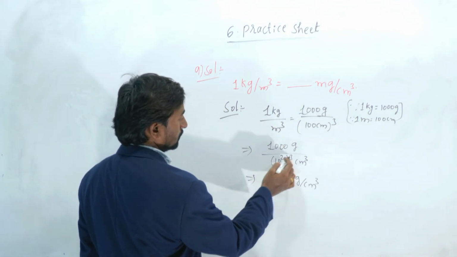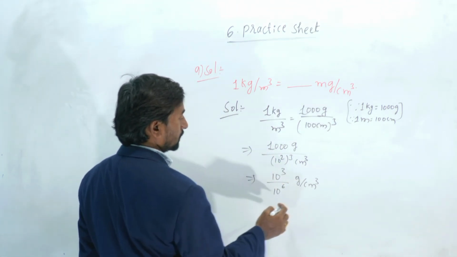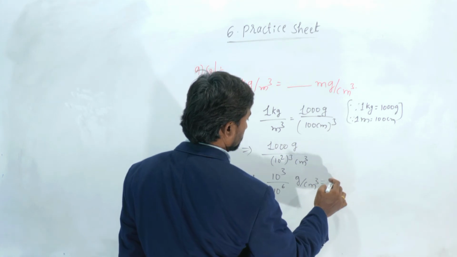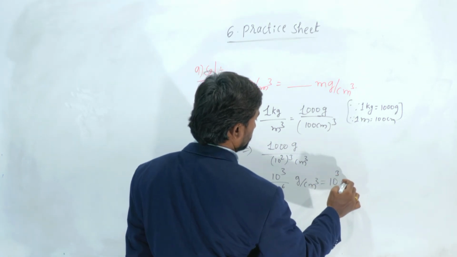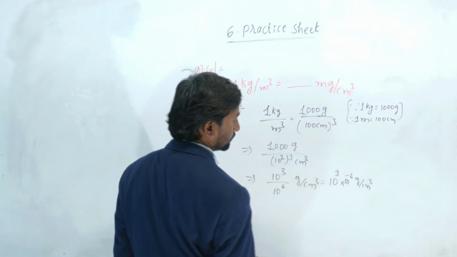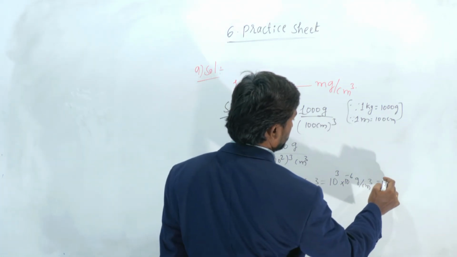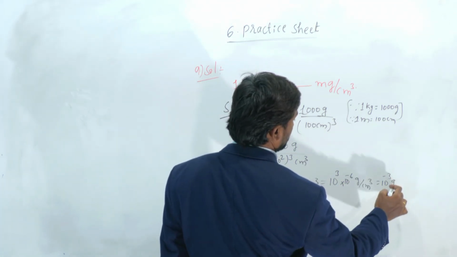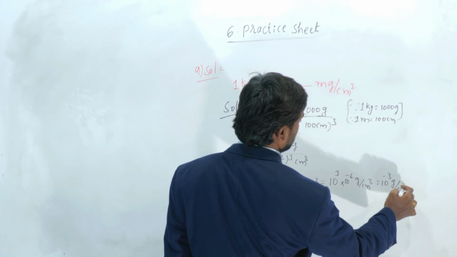Sorry, it is plus only 10 to the power of 6. If you send it to the numerator, from this we will get 10 to the power of 3 into 10 to the power of minus 6 gram per centimeter cube. And here we can write 10 to the power of minus 3 gram per centimeter cube.